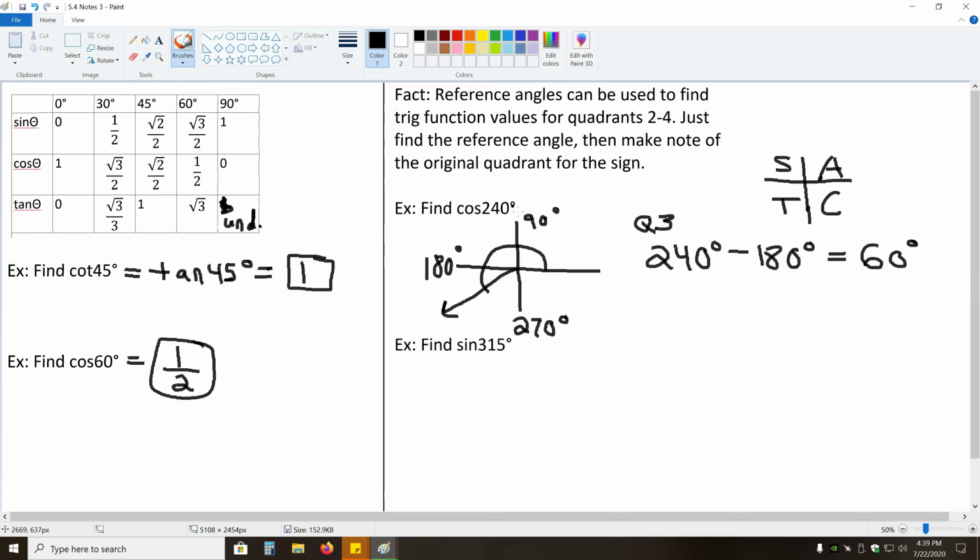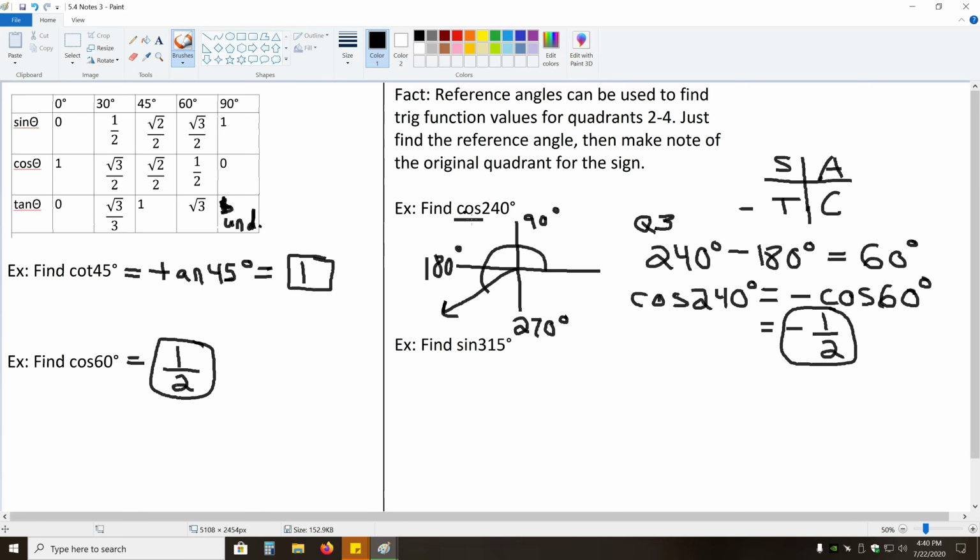We are in quadrant 3 and we have cosine. So is this going to be positive or negative? Well, we know cosine is negative in quadrant 3. So cosine of 240 degrees is equal to the negative cosine of this reference angle, 60 degrees. Cosine of 60 degrees is 1/2, so cosine of 240 degrees is negative 1/2.